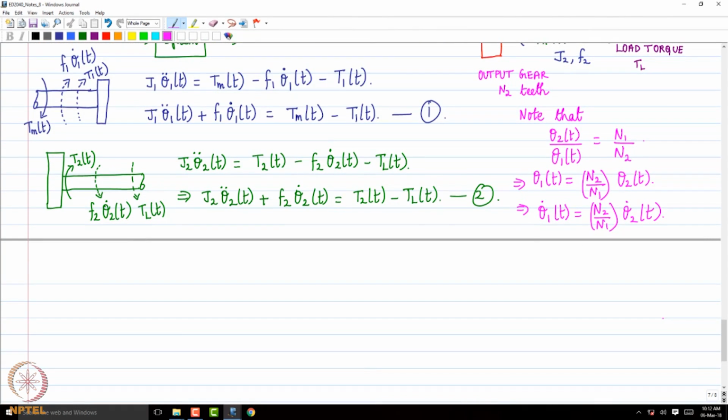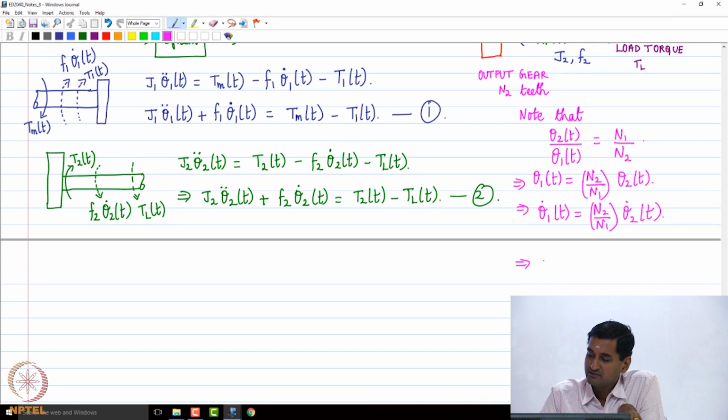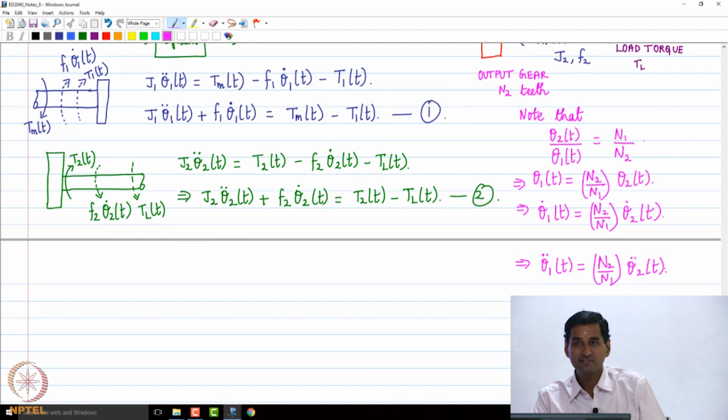Similarly, I can write theta 1 double dot is going to be equal to N2 by N1 theta 2 double dot, right? We can write all these equations, right? So, once we figure this one out, correct? Okay. So, that takes care of theta 1, right? So, I can eliminate theta 1 double dot and theta 1 dot from equation 1.